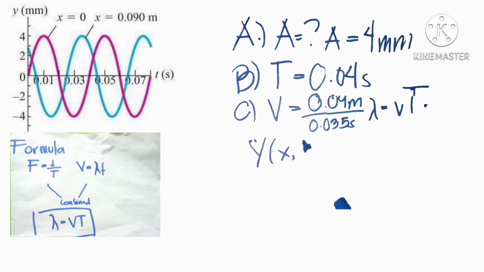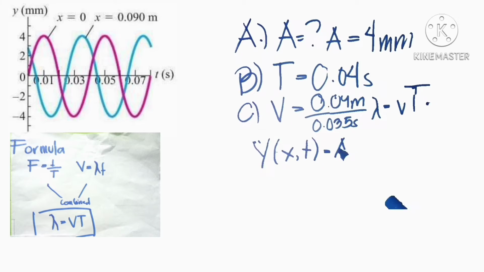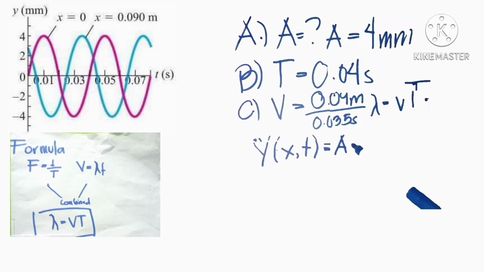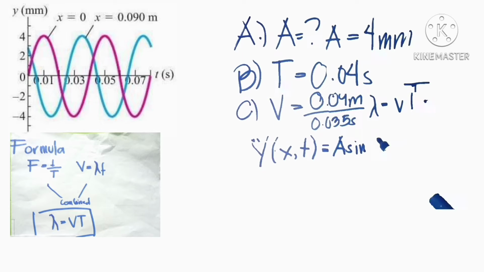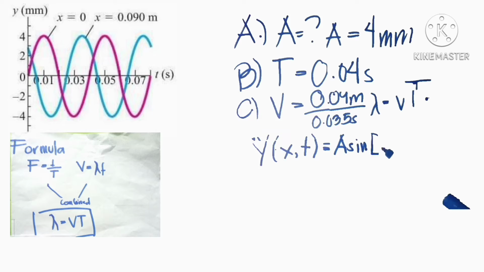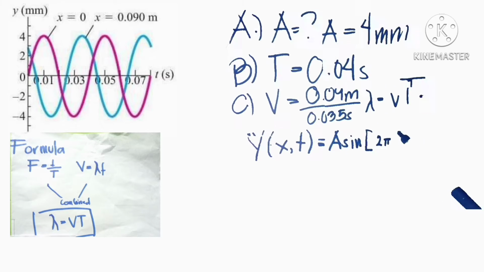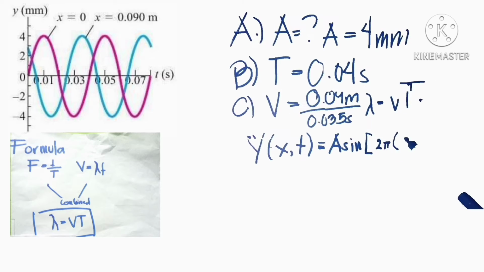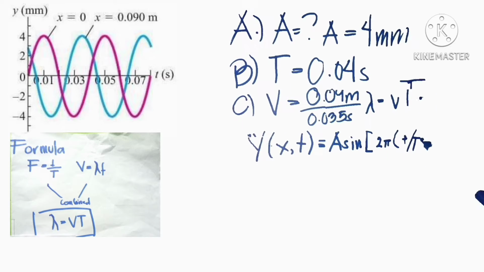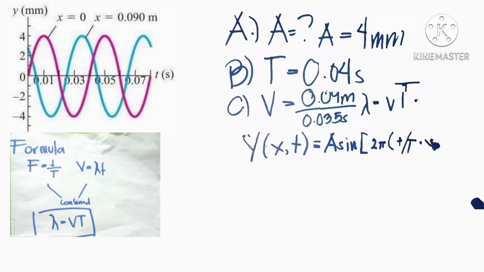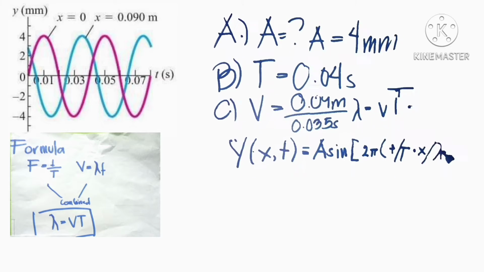This y of x and time is used to describe the displacement of individual particles in the medium. It equals the amplitude times sine of 2 pi times the reciprocal of the period times t minus x over the wavelength.